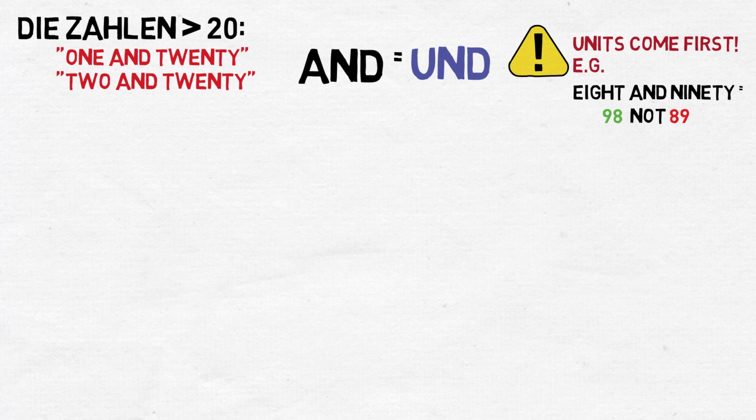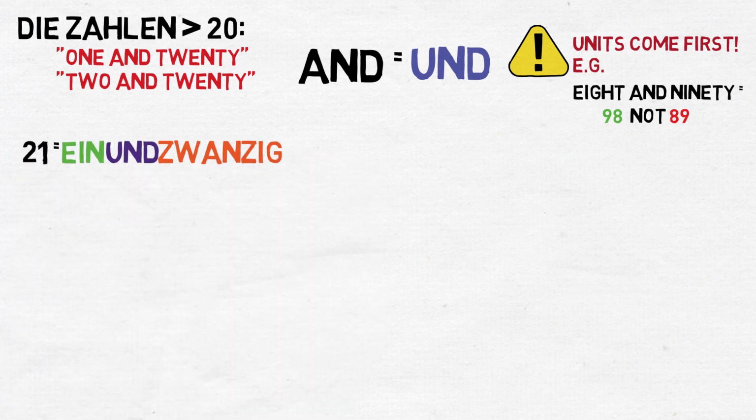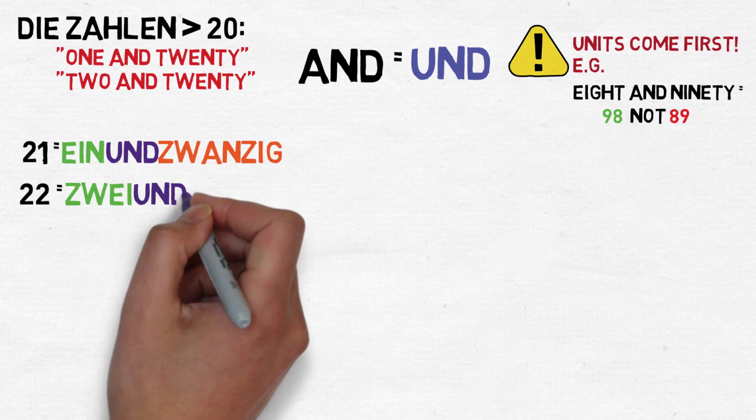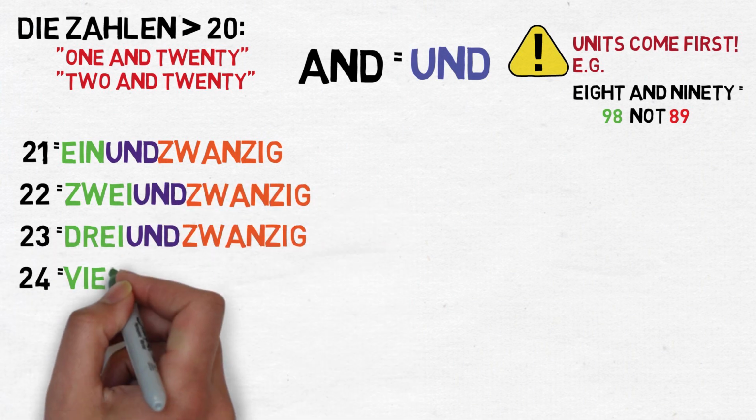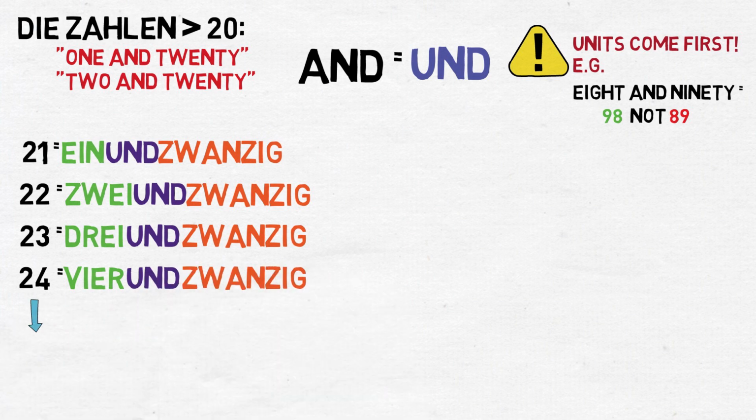Notice in the following example that the word 1 changes from eins to ein. 21, 22, 23, 24, all the way up to 29.